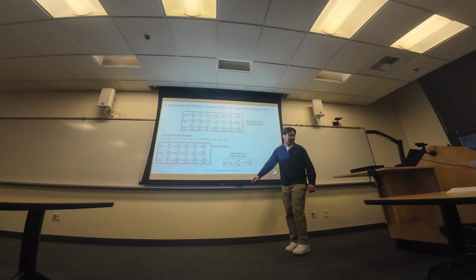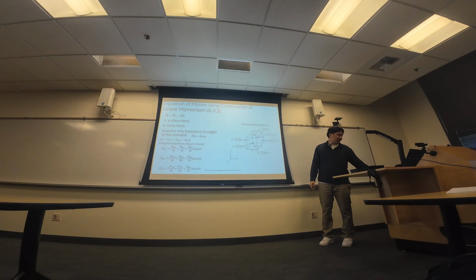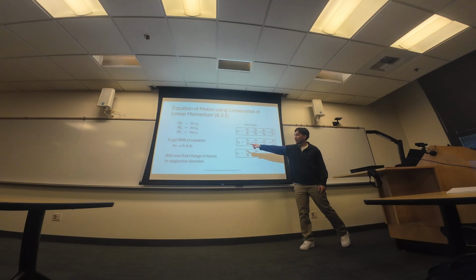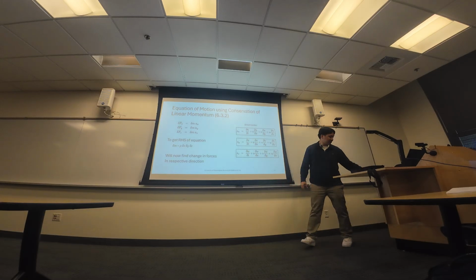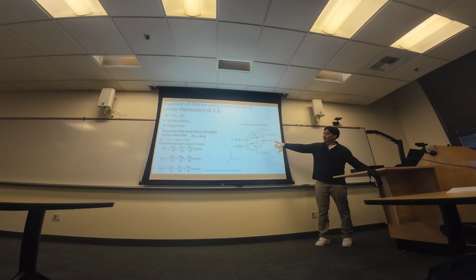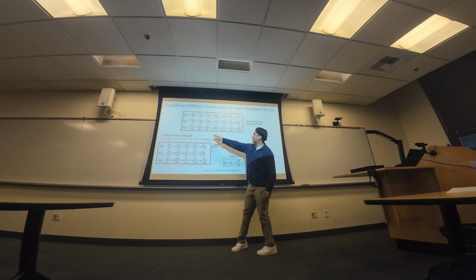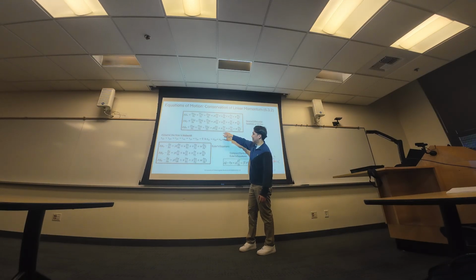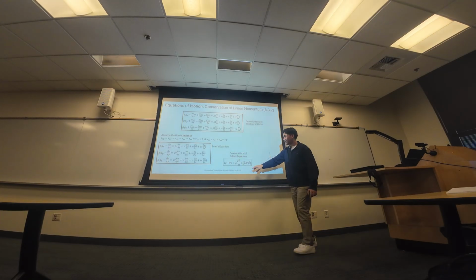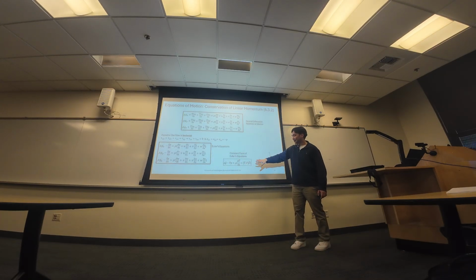The right-hand sides are MA, which is from here. F equals MA, then with assumptions simplified, and then even more simplified in all three directions.